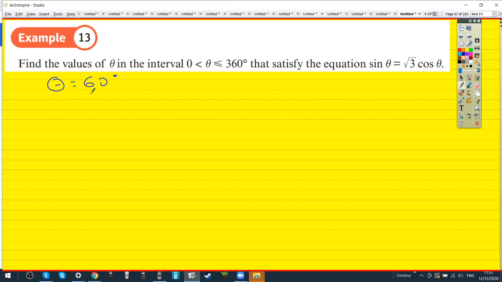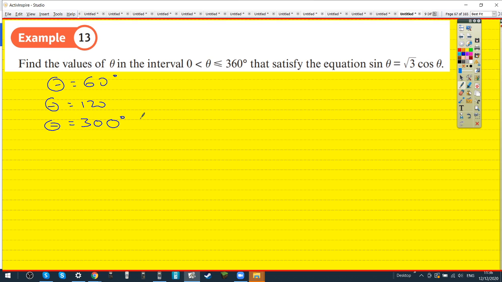And so, how do we get the second answer though? Would you do 180 minus 60, which gives you 120? And then the other one, 360 minus 60, which is 300. And so those are our solutions, are they?